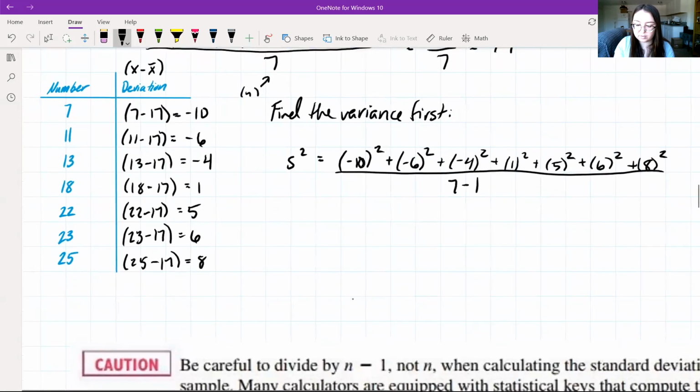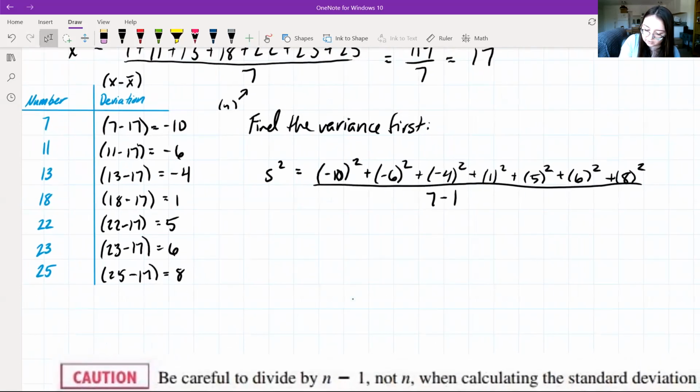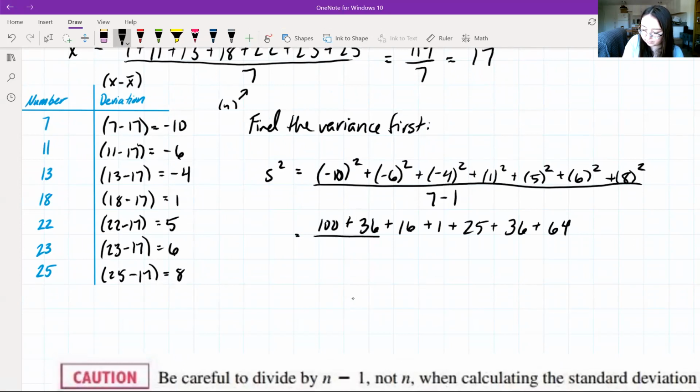Now we want to solve all of these values. When we do that, we're going to end up with 100 plus 36 plus 16 plus 1 plus 25 plus 36 plus 64, all divided by 6 because of 7 minus 1. Now we can just add all of these values together and solve.